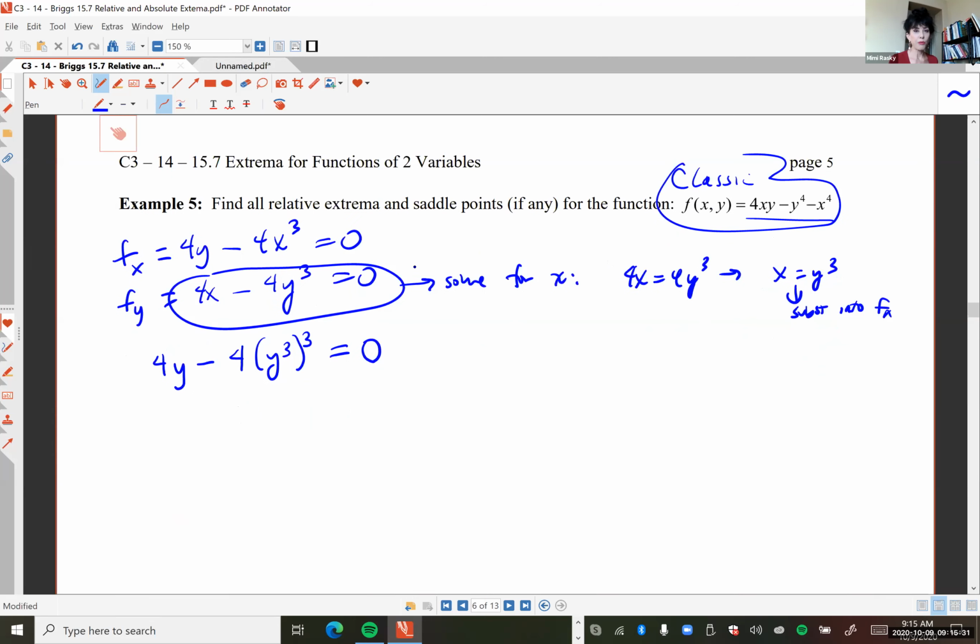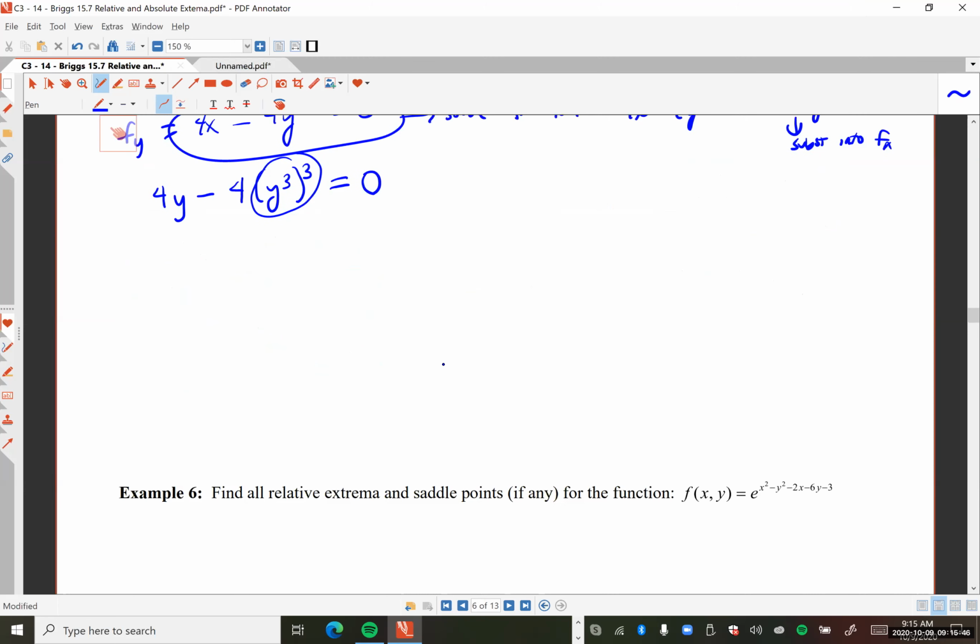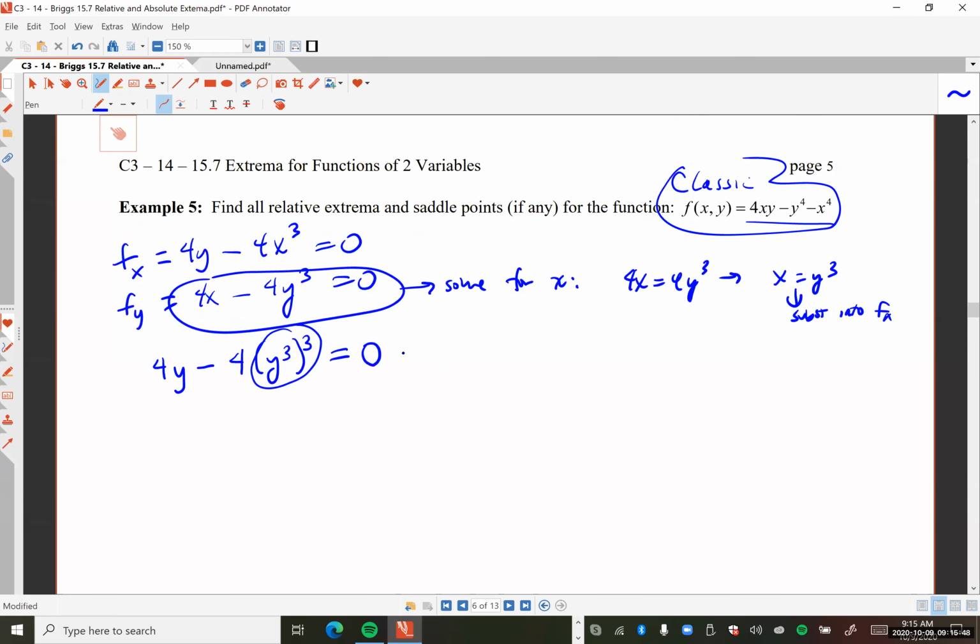And this is the part where a lot of students blow it because they forget their exponent laws. So what happens when you have a power raised to a power? Do you add, subtract, or multiply those exponents with each other? You multiply the exponents. Good. Thank you. And that's key.